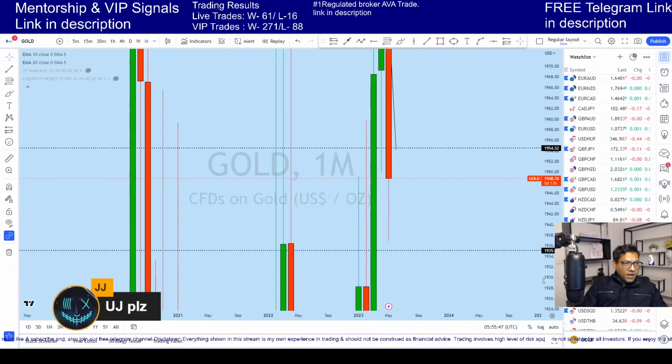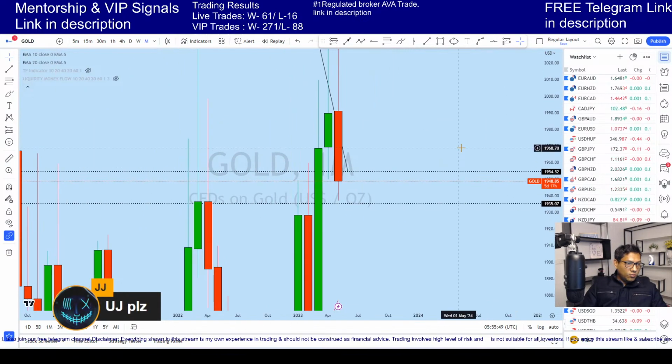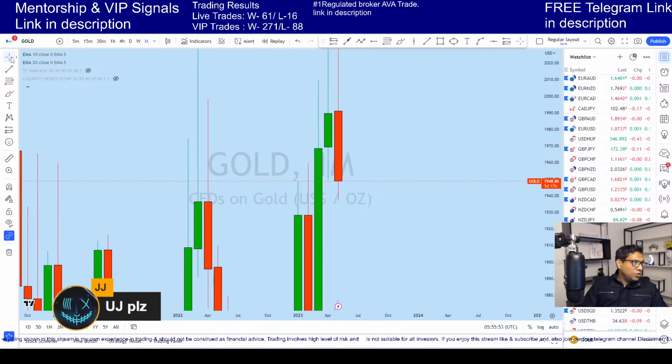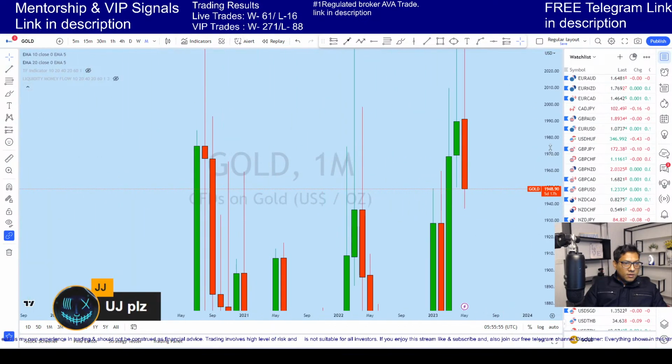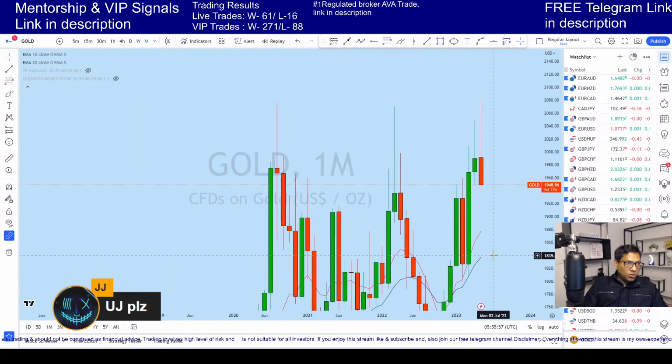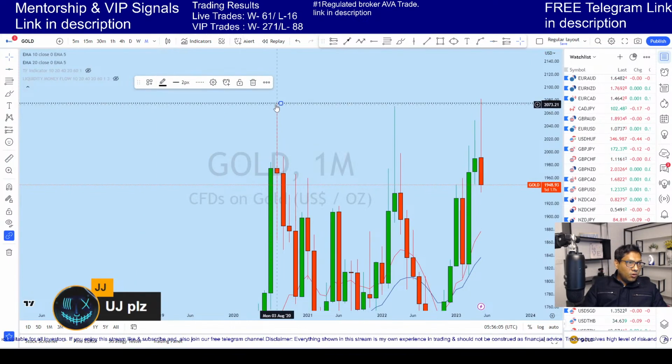If we look at the monthly, let me see gold again in relation to the higher time frame, how the price is doing. Now if you look at monthly price action on gold, from the monthly perspective, this is a resistance line, the all-time high.